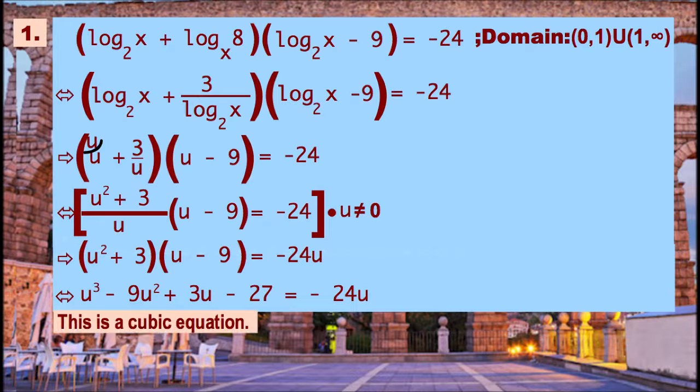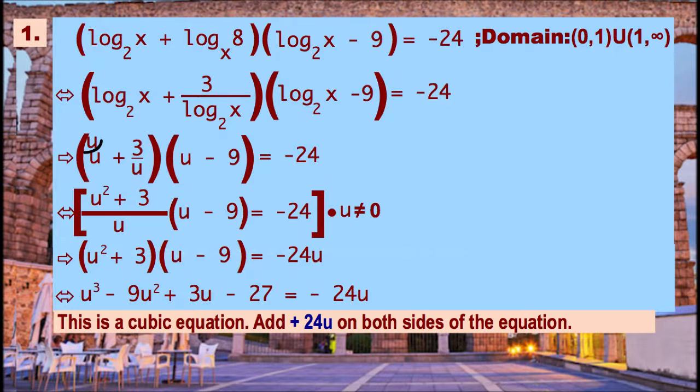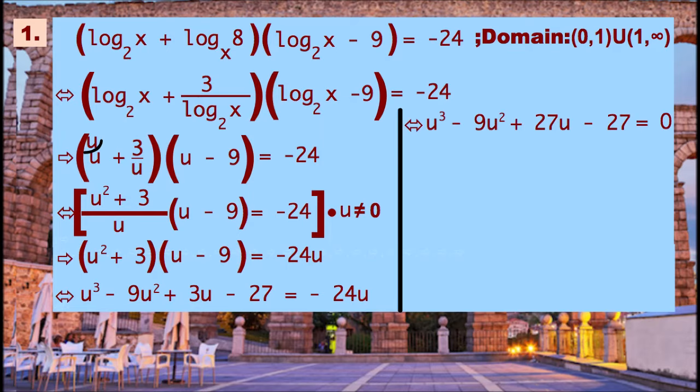This is a cubic equation, so let's add positive 24u on both sides of the equation to get it into standard form. Equivalent to u cubed minus 9u squared plus 27u minus 27 equals 0.